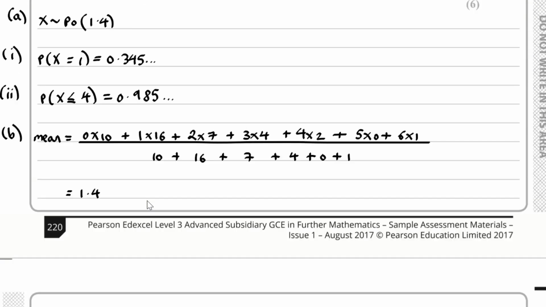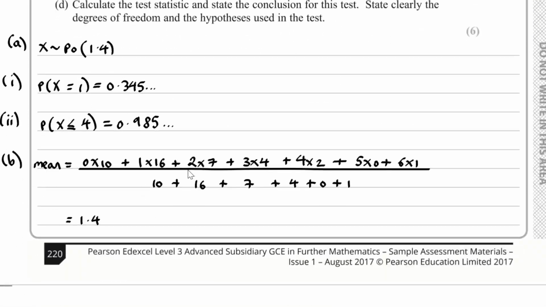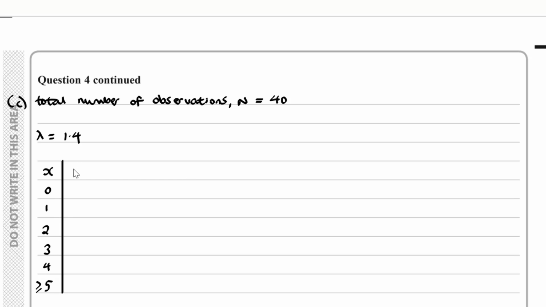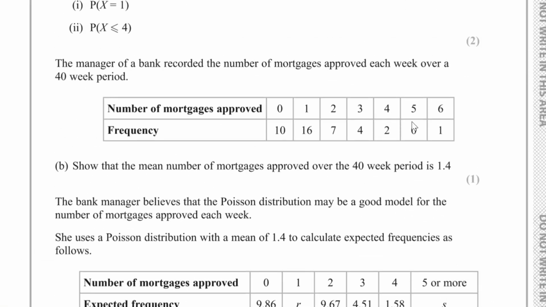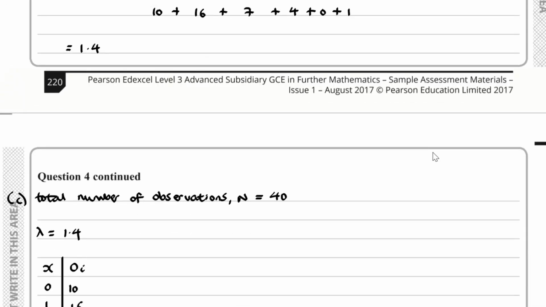Over here what we've got is the observed frequency, or O I. We have 10, 16, 7, 4, 2, and then for 5 or more, we have 0 plus 1, which is 1.